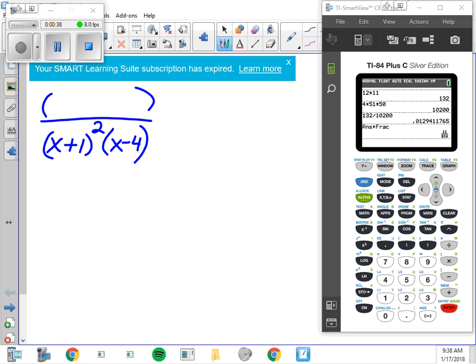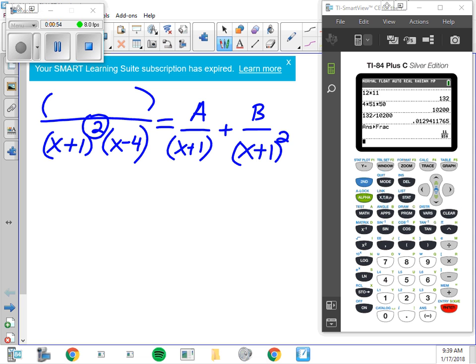So I'm going to have A over (x + 1), and then x + 1 is squared, so I'm also going to have B over (x + 1) to the second. Now I messed up when I taught this yesterday, and we put a linear equation on top. We don't need that. That was just a mistake.